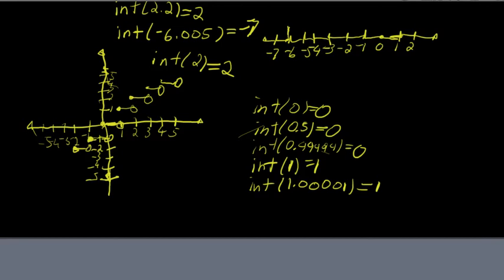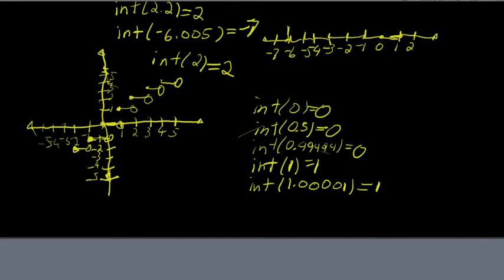But you look just to the right of it at 1.00001, just to the right of 1, the greatest integer there is 1, right? That's why it's along this line. Let's say you looked at 1.5. Well, the greatest integer there is still 1. And it's still 1 even at 1.99999, but when you get to 2, the greatest integer becomes 2. So that's why you see an open circle here at 1, 2, but a filled circle at 2, 2.